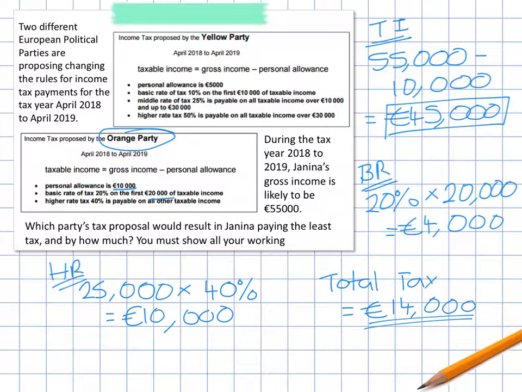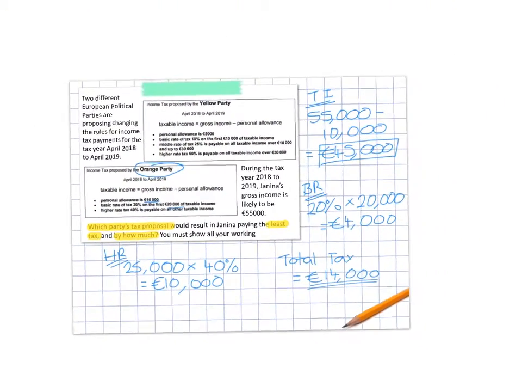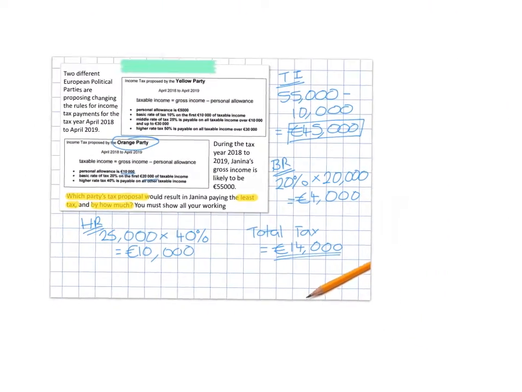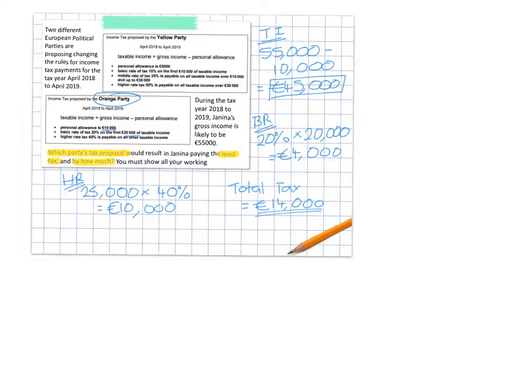If we just quickly go back to the question then, the final question itself says which party's tax proposal would result in her paying the least tax, and importantly it says by how much. So we've got to actually give a figure at the end here too. So we know that from the previous question, the yellow party had a tax of 16,000.